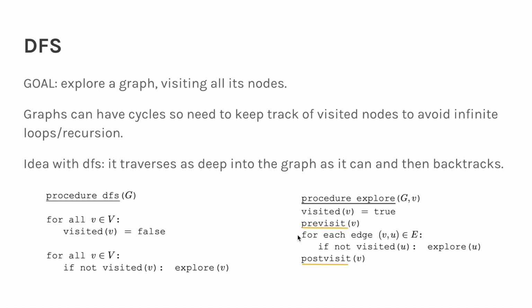And then once you have explored all your children, then you're post-visiting the vertex. So if you replace this pre-visit call with print V, then running DFS would print out all the vertices in pre-order. And if you replace this post-visit with print V, then running DFS is going to print them all out in post-order.